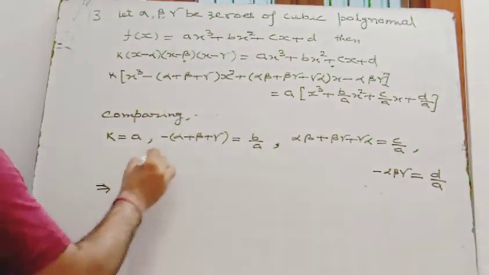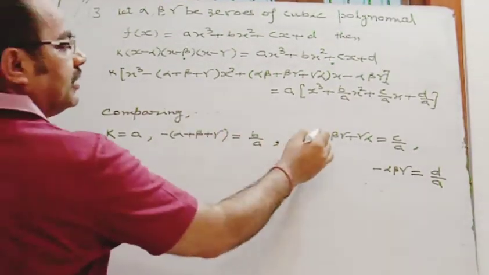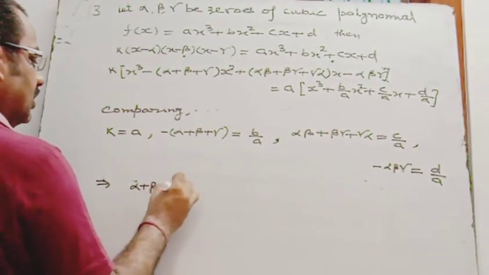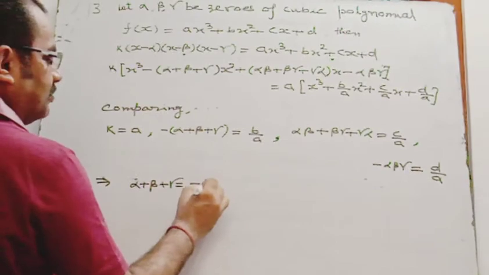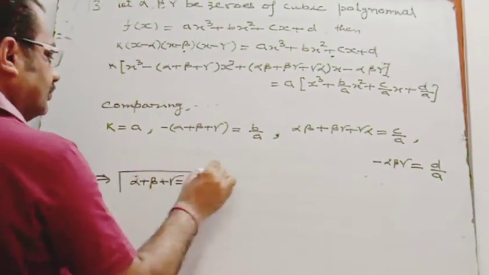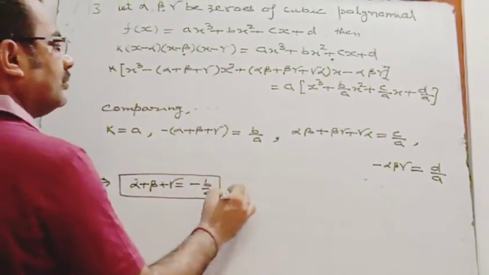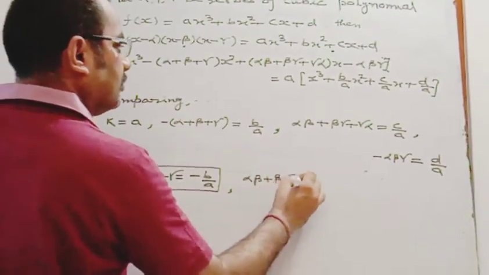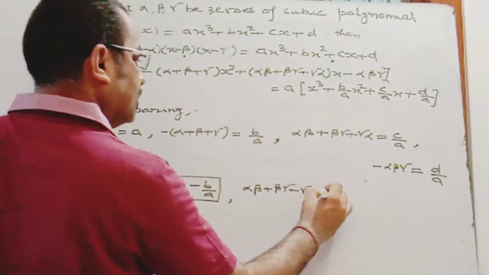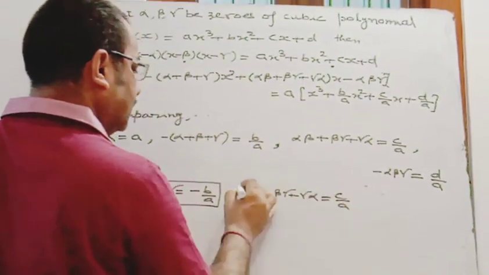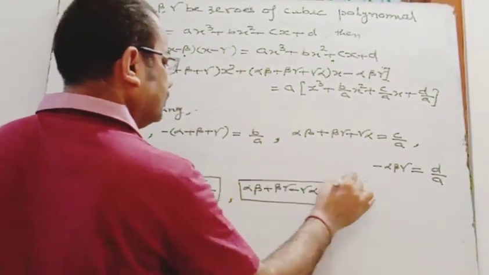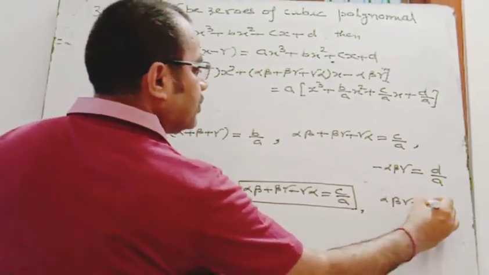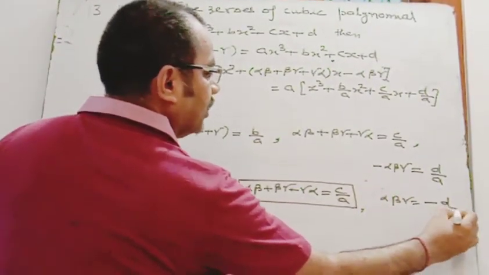We take this and this. Alpha + beta + gamma = -b/a. Alpha beta + beta gamma + gamma alpha = c/a. And alpha beta gamma = -d/a.